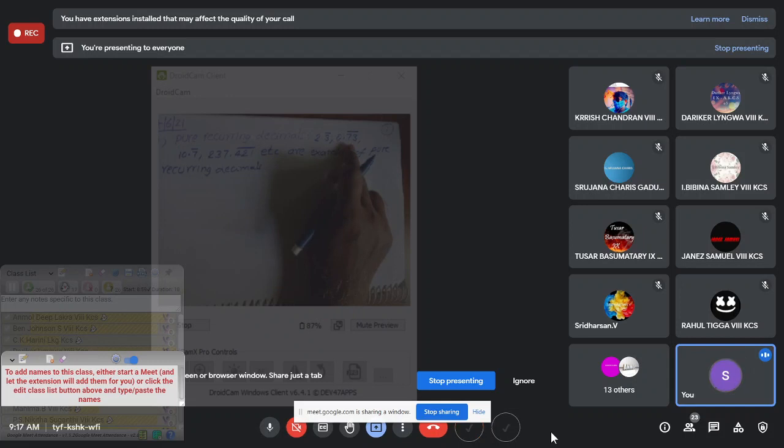In this number, 0.73 whole bar, what is repeating here? 7 and 3. So in this case, we say that the block of digits 7, 3, or a group of digits 7, 3 is repeating infinitely many times.